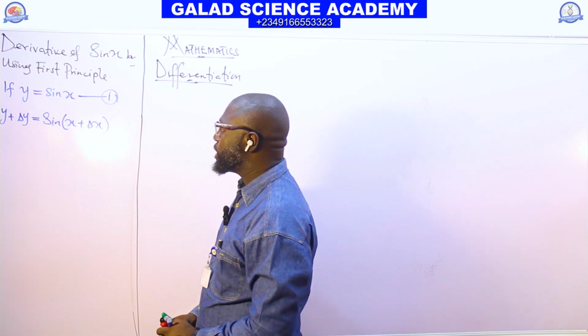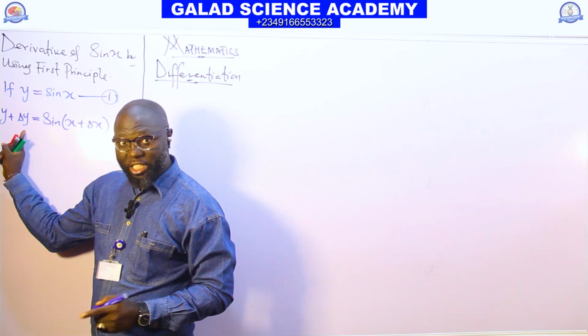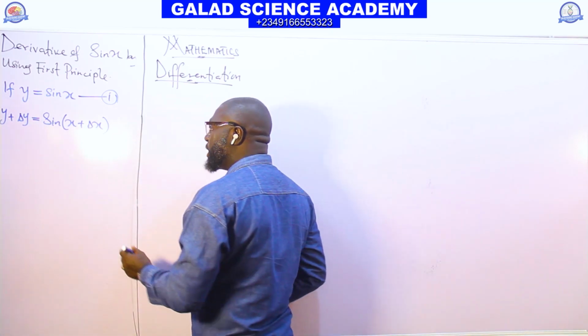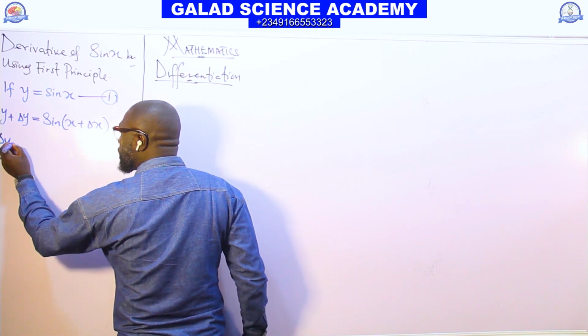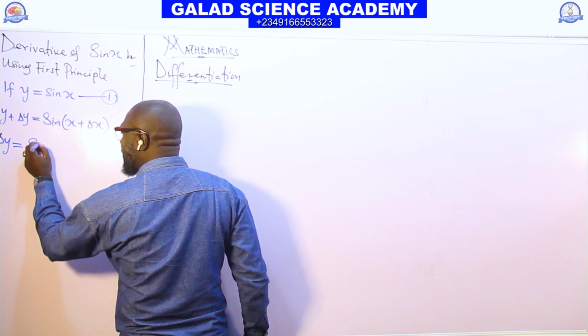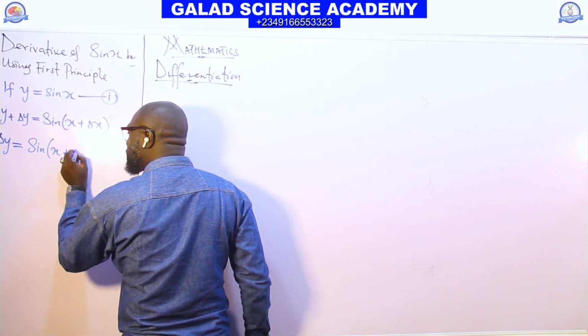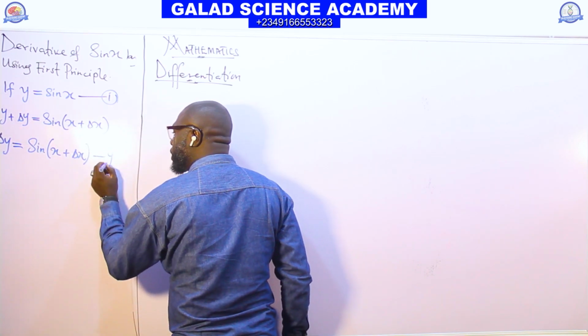The next thing is you will make this small increment of y, changing y, the subject of the equation. By doing that, I'm going to have change in y equal to sine of x plus change in x. This y will come down here, it will become minus y.